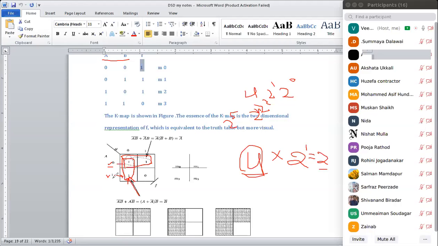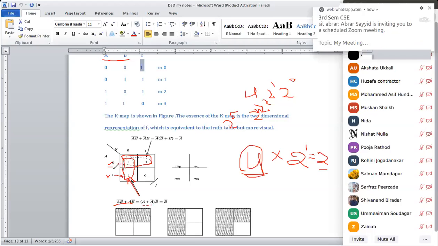So it is not constant. 1 into 0 will remain 0 only. So what I have got here is A plus A bar, and this is multiplied with 0, which is nothing but B bar.